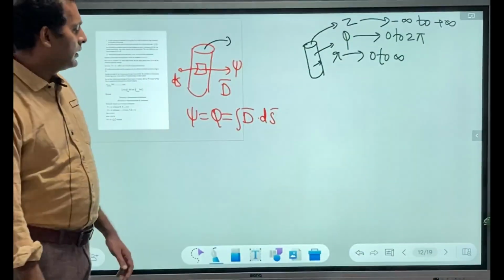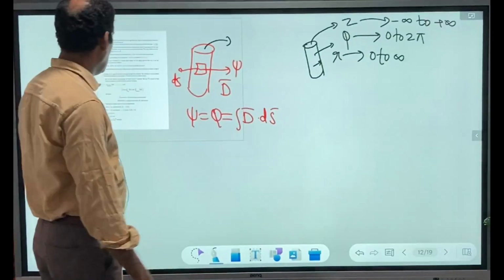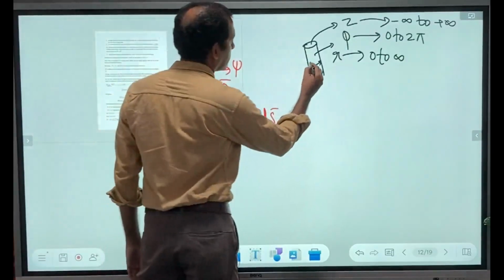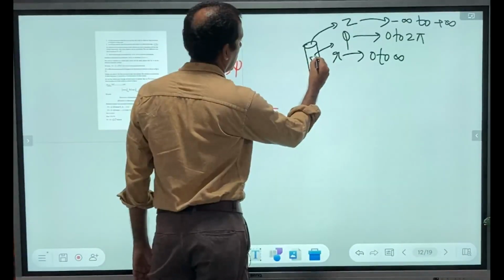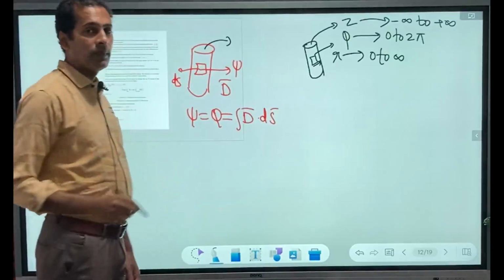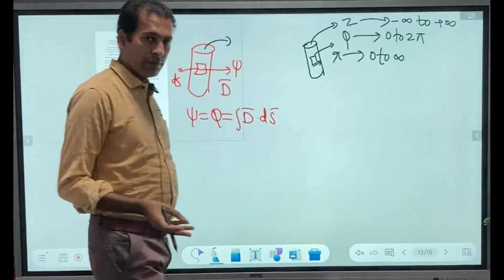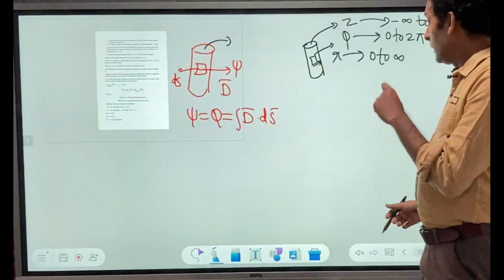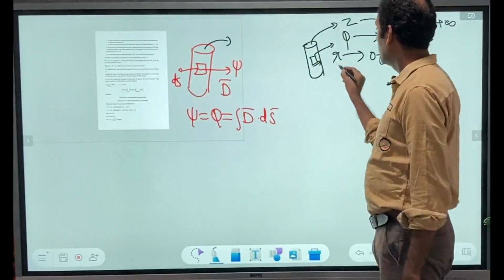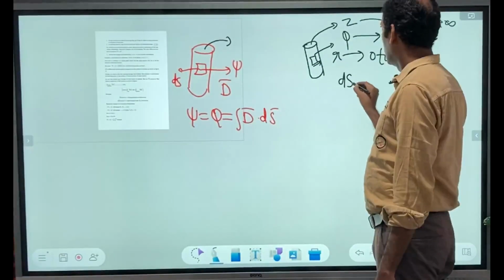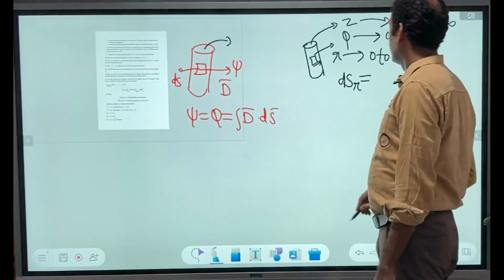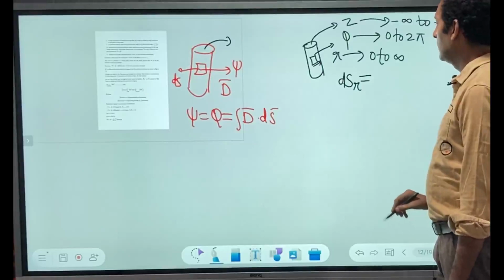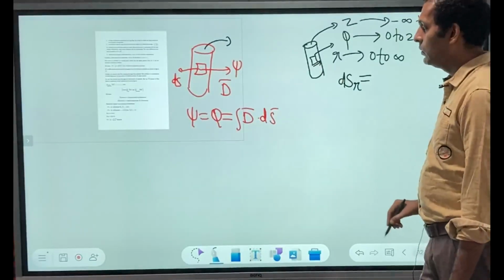And we have also discussed the differential surface of the cylindrical system. So which constant surface will it be? Either we can have a radius constant surface, or an angle constant surface. But in this case, this one is the radius constant surface, dS_r. So dS_r will be the product of the other two terms.